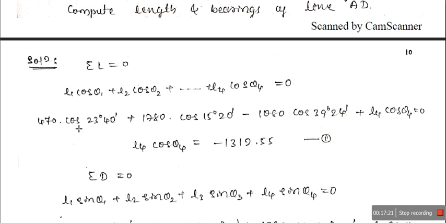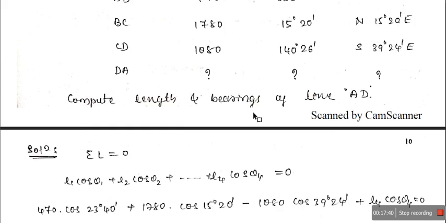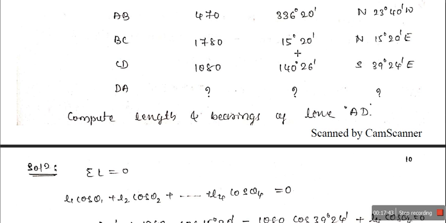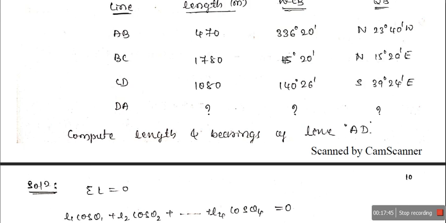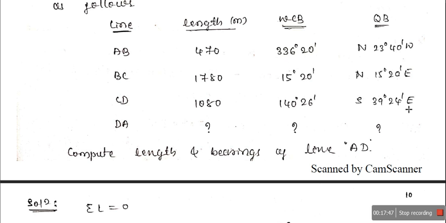So 470 into cos of 23 degrees 40 minutes plus 1780, that is L2 cos theta 2, like this. Then here I am mentioning the minus sign, because this theta, 39 degrees 24 minutes, lies in the second quadrant.